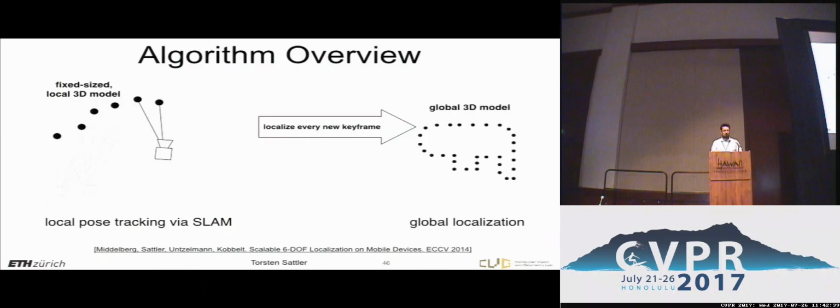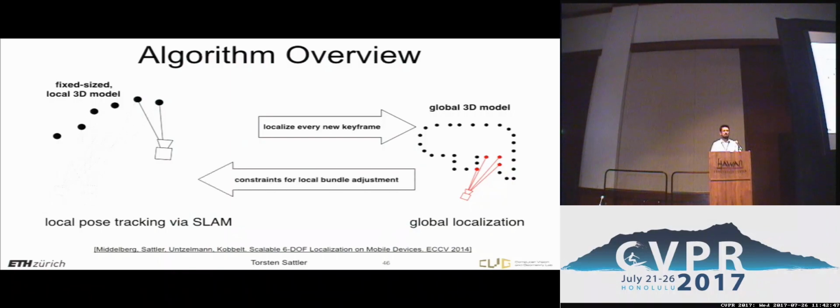So you assume that you have a known 3D model, you run any global localization method, and then take this information and feed it back as a constraint into the local SLAM approach to prevent drift. The simplest constraint that you can use is you take the pose that you computed and you say, look, this pose should be here, adjust the model so that you get this constraint.